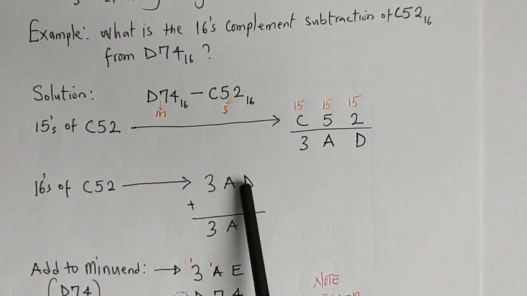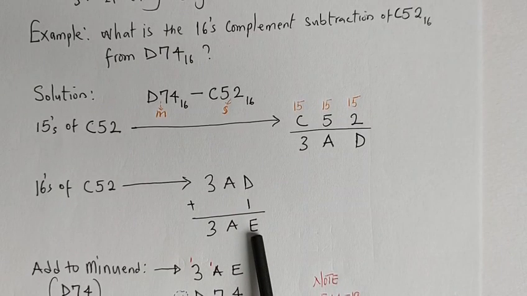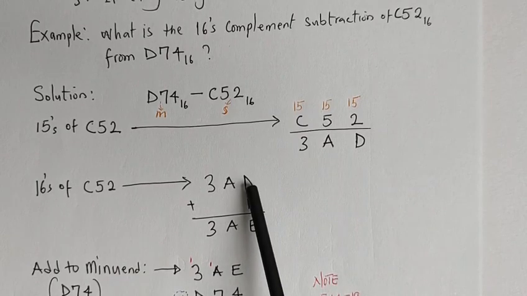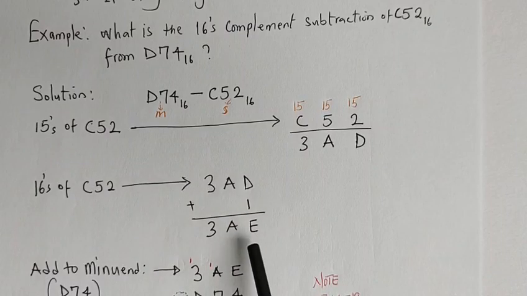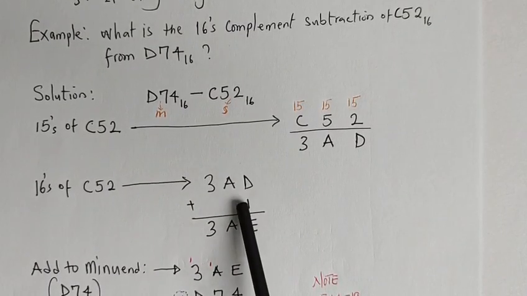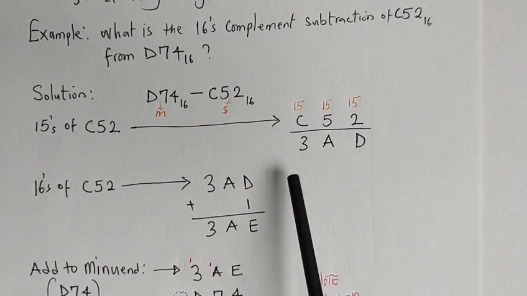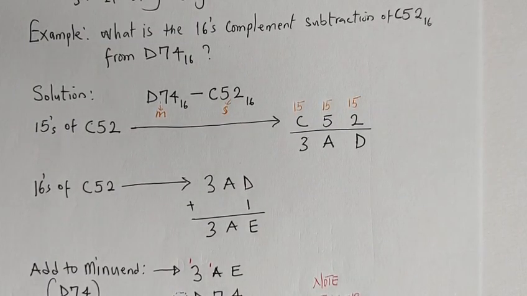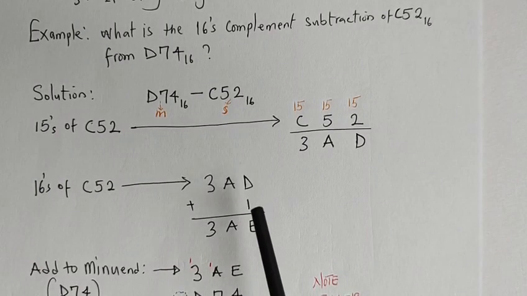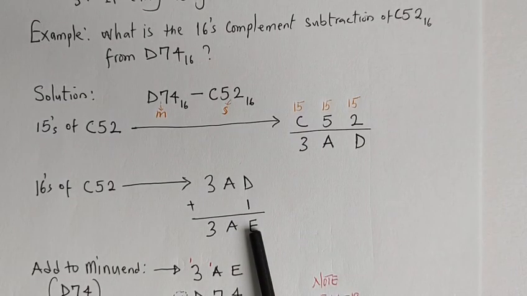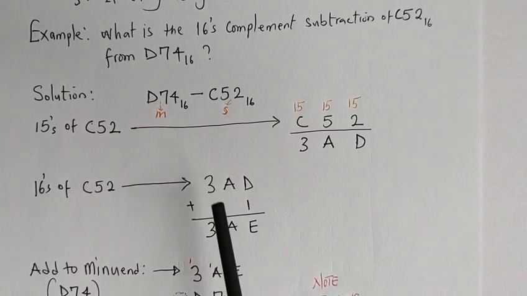So we say D plus 1 is going to give us E. Remember, D in the hexadecimal number system table is 13. 13 plus 1 will give us 14, which is E. A plus 0 is A. 3 plus 0 is 3.